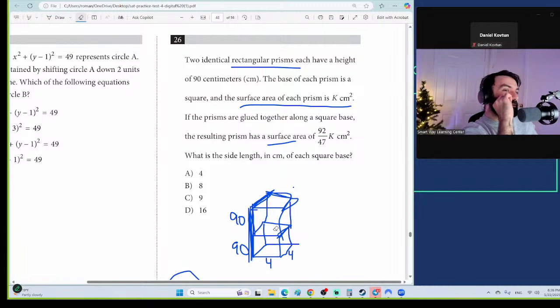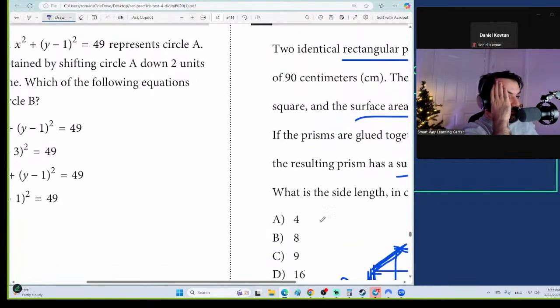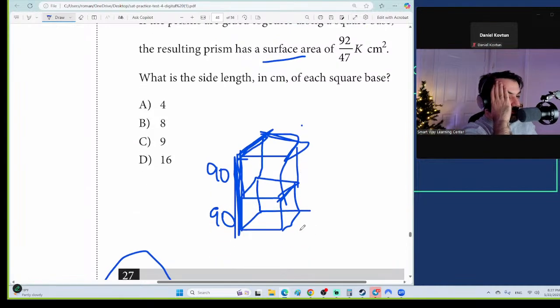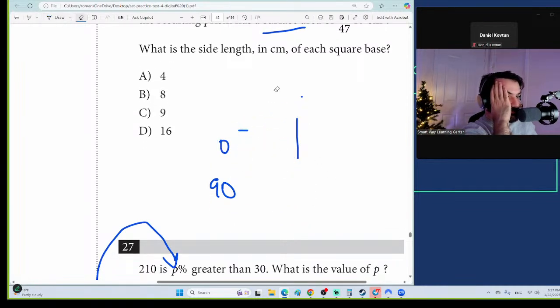All right, let's do it this way. Hold on. We're not rushing anywhere. Let's take it slow. Let's imagine one prism, and then another one on top of it.